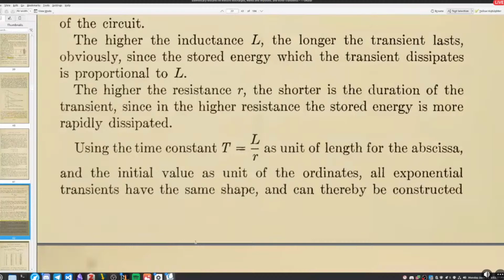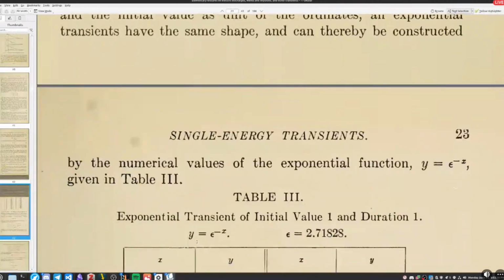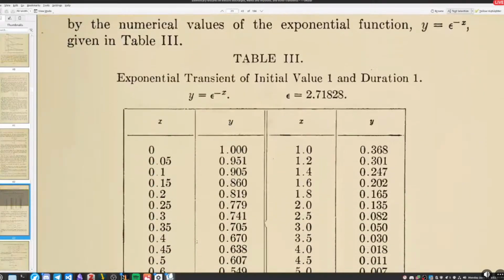Using the time constant T equals L over R as unit of length for the abscissa and the initial value as unit of the ordinate, all exponential transients have the same shape and can thereby be constructed by the numerical values of the exponential function y equals e to the minus x, given in table 3.